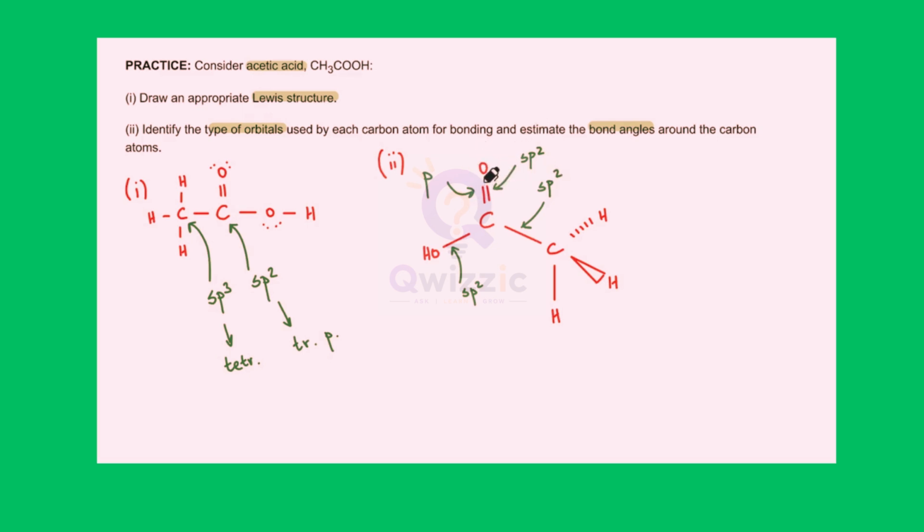And this is really important. We have to recall that double bonds consist of sigma and pi bonds. For the other carbon, it is going to have an sp3 orbital for each bond. And that's because each bond is a single bond.